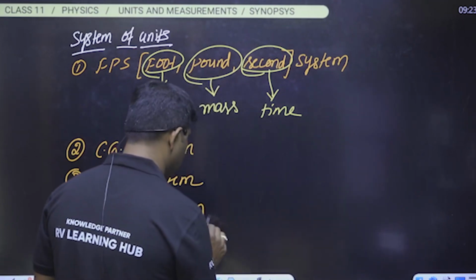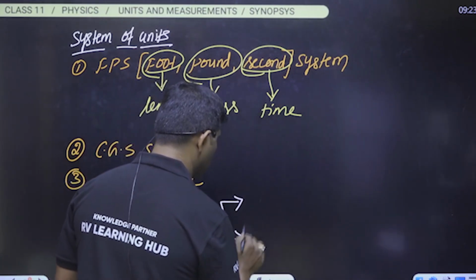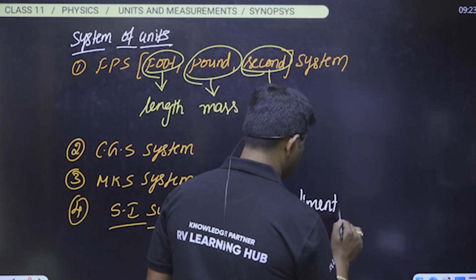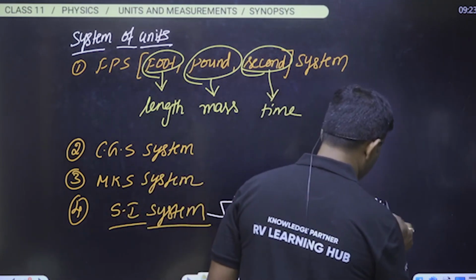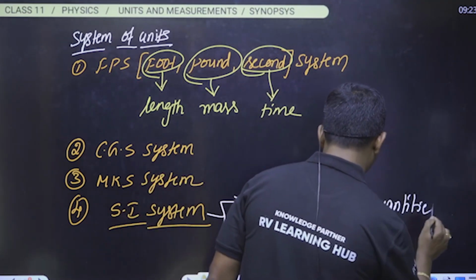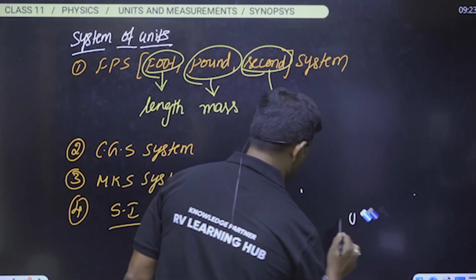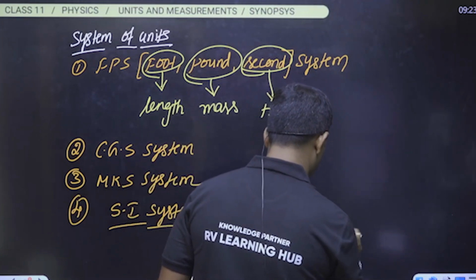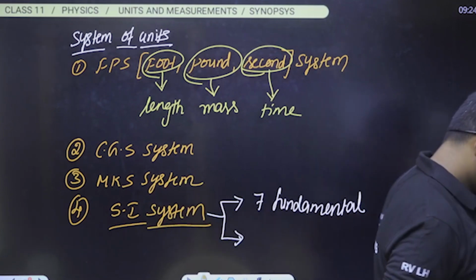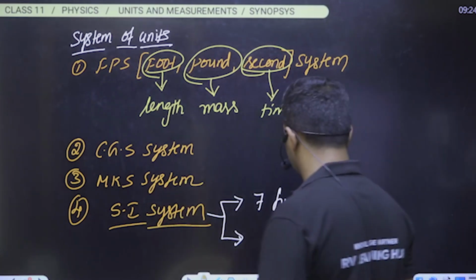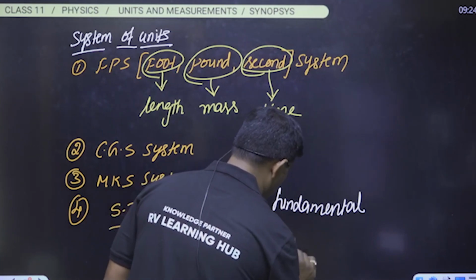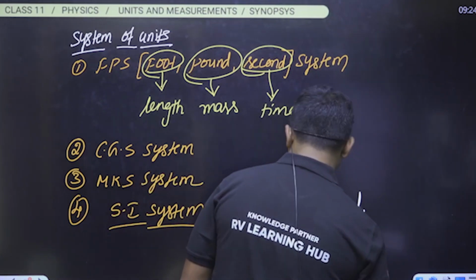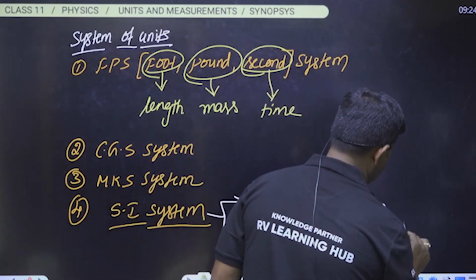This system consists of seven fundamental quantities and two supplementary quantities: fundamental and supplementary quantities.